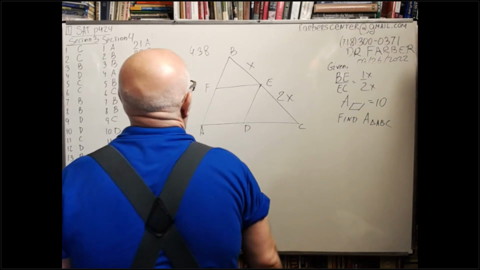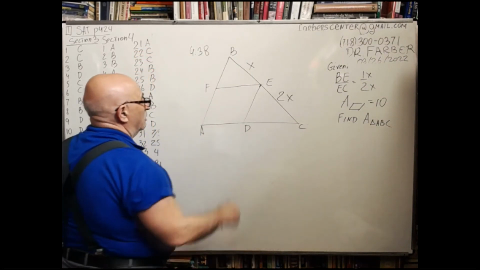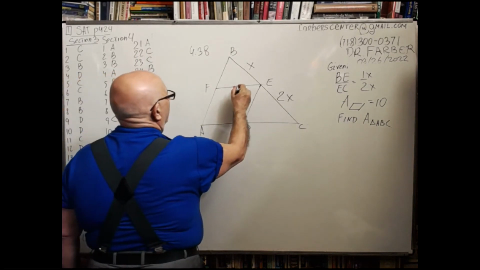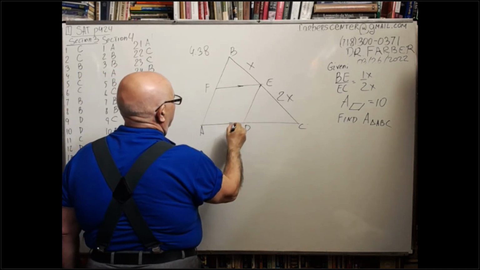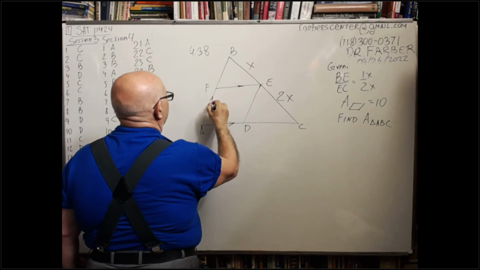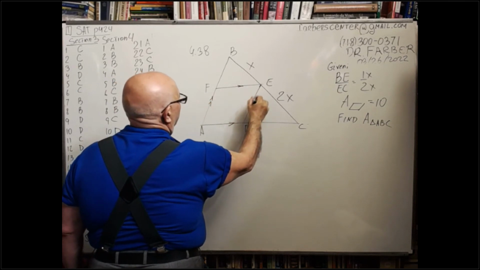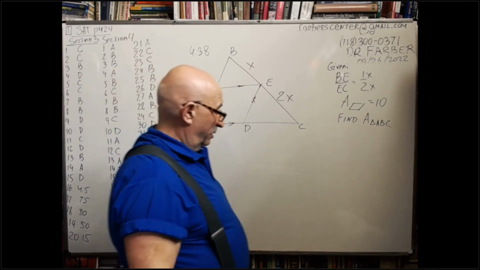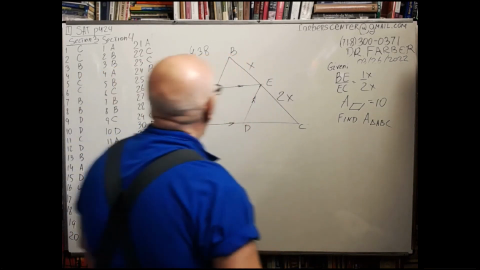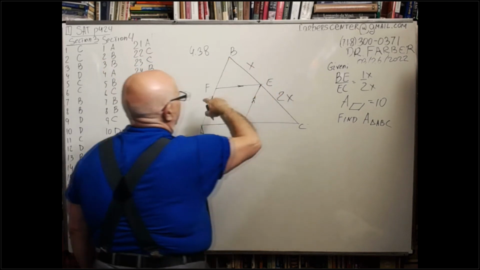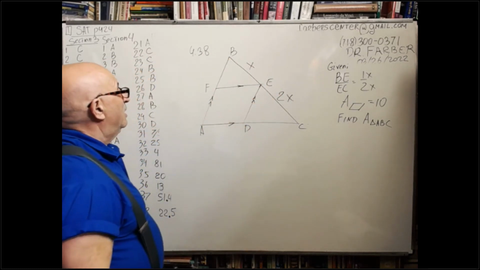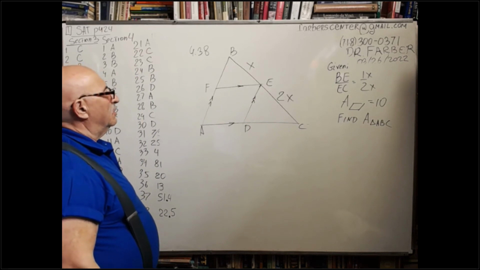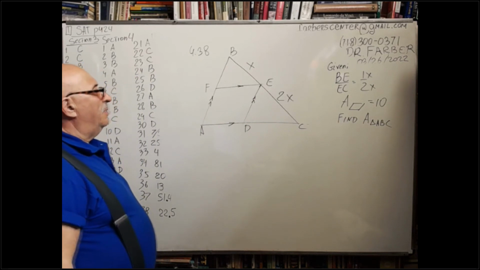Well, if you look at this picture, you know opposite sides of a parallelogram are parallel. So this side is parallel to this side, and this side is parallel to this side. You have a theorem: if you cut an angle by parallel lines, you get similar triangles. You can also prove it by the AAA property.